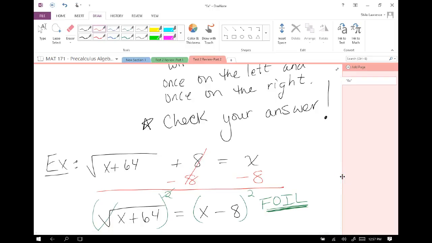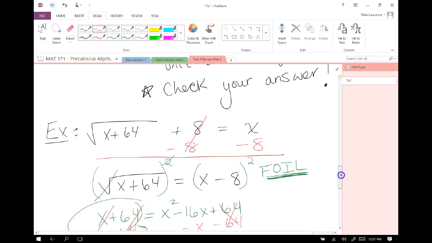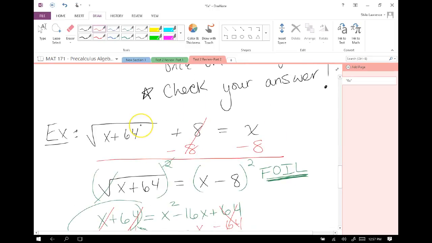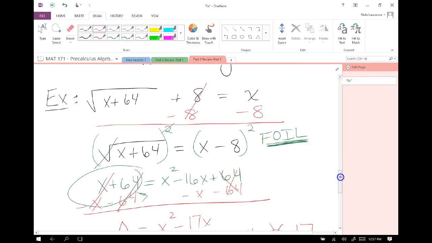beginning is to fix it, to do something that will turn it into a linear or a quadratic. So with radical equations, we've got to remember that powers and roots are opposite operations, and somehow we need to use a power to cancel the root. So we get the root all by itself.